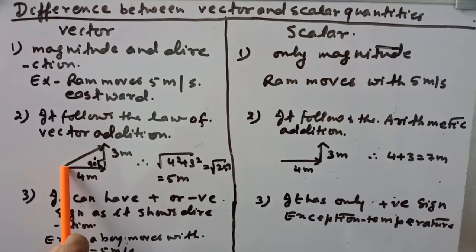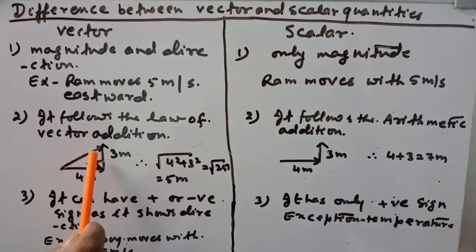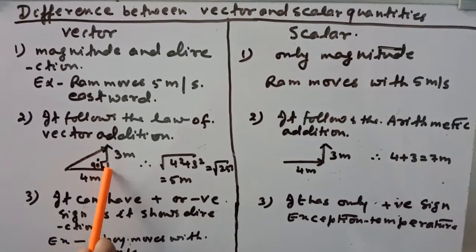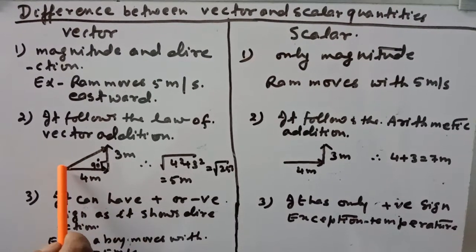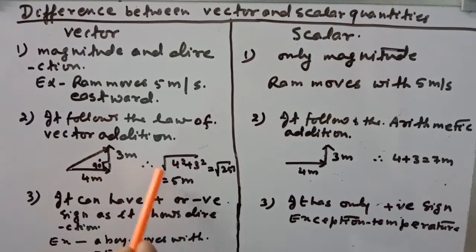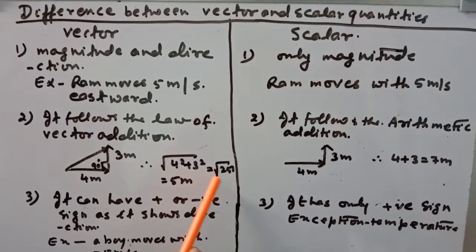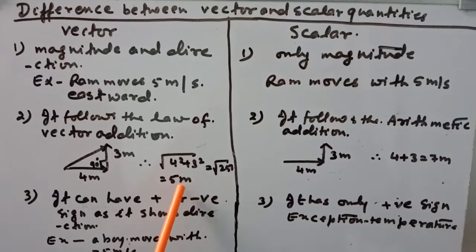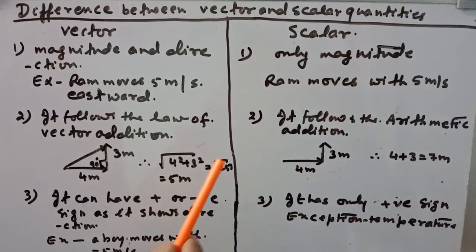The shortest path is from this point to this point, and you see that it is a right angle triangle. So the length of the hypotenuse is under root 4 square plus 3 square, that is under root 25, and it becomes 5 meter.